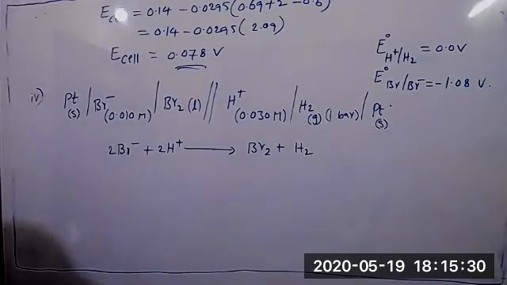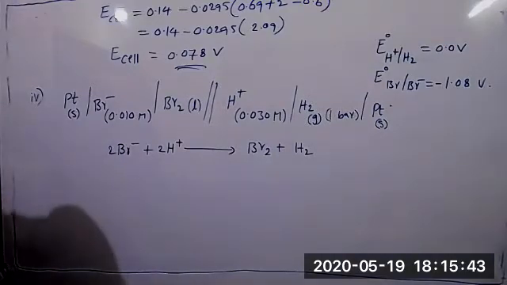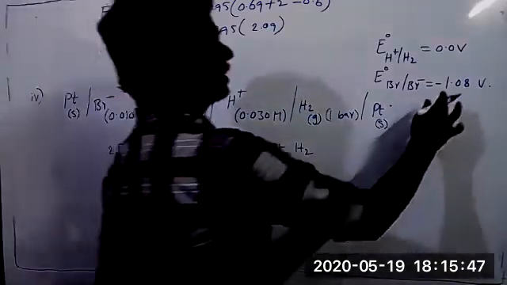One minute, the E naught cell of bromine, it's not confirmed whether plus or minus. Yeah, 1.09, there is a plus value.